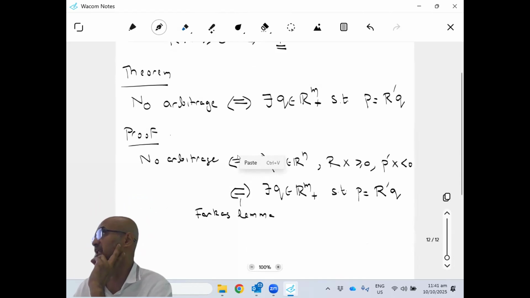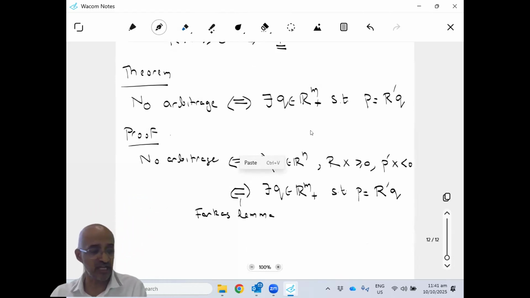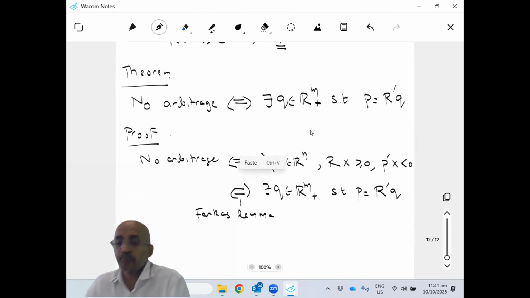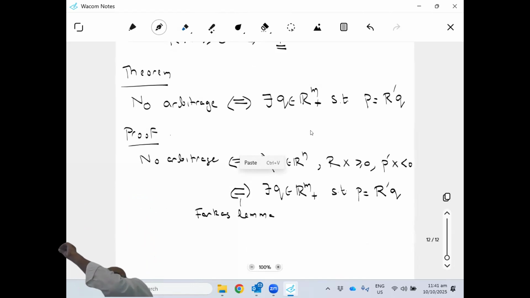So what is this actually telling me? It is telling me that there exists this Q. So what is this vector Q? Instead, think about pricing for every state of nature. Suppose I gave you a different market where for every state of nature which can happen in the future, there was a price.